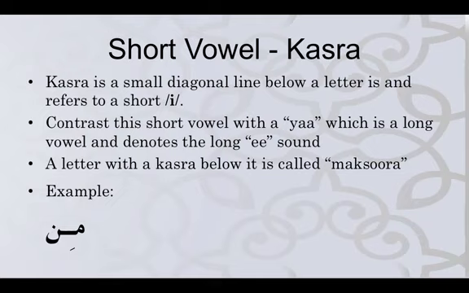You have to contrast the short vowel, the kasra, with the long vowel ya. And the long vowel ya, whenever it's connected to a consonant, denotes the long E sound, the double E sound.